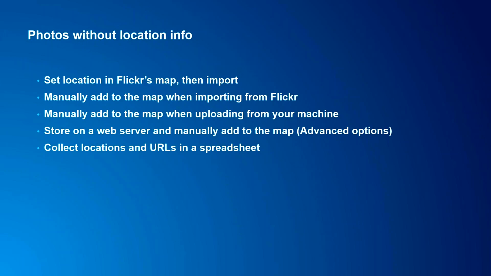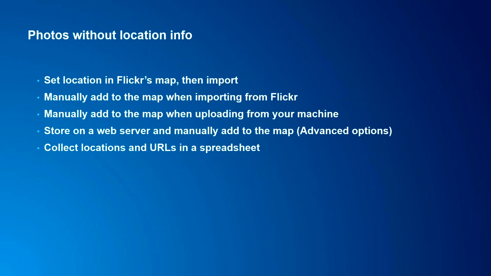You can also store your photos on your own web server or own file sharing URL. So as long as they're located somewhere at a URL, we can reference that in order to add them to the map tour. And again, if you don't have the location information, we still give you the interface in order to manually add them to a map.